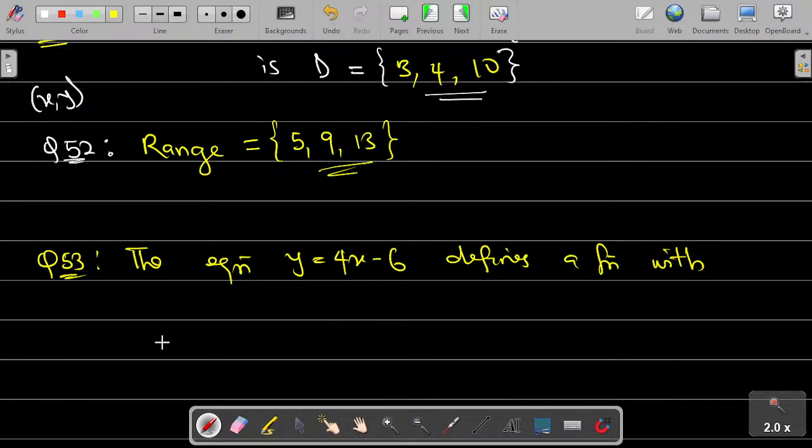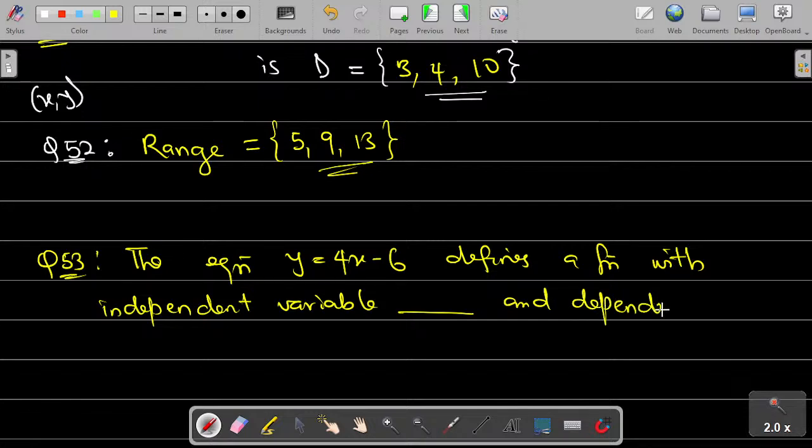It defines a function with independent variable dash, and a dependent variable dash as well. This one is just trying to see if you understand the definition of dependent and independent variables when it comes to the definition of functions.